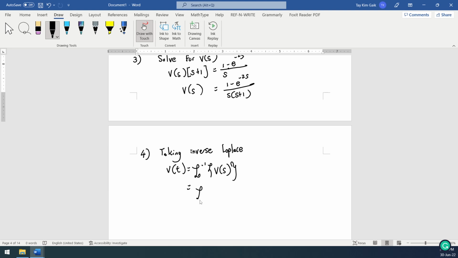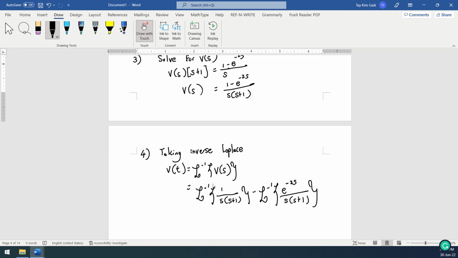We break it: the inverse Laplace of 1 over s times (s plus 1), minus the inverse Laplace of exponent negative 2s over s times (s plus 1).